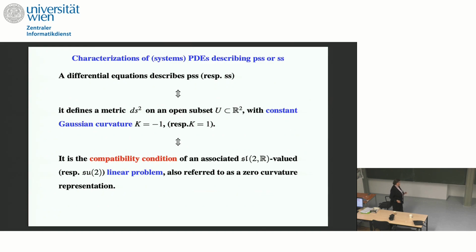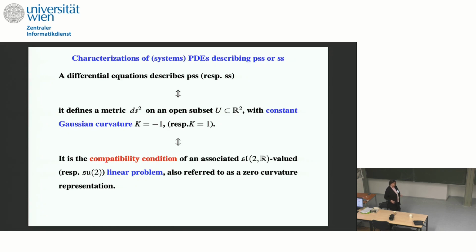Okay, so now I will tell you the definition: a differential equation that describes pseudo-spherical surfaces is equivalent to saying that a generic solution, I'm saying generic because sometimes 0 is a solution of the equation, but this will not give you any metric, but generic solutions will define a metric on open subsets of the plane, such that the Gaussian curvature is -1.